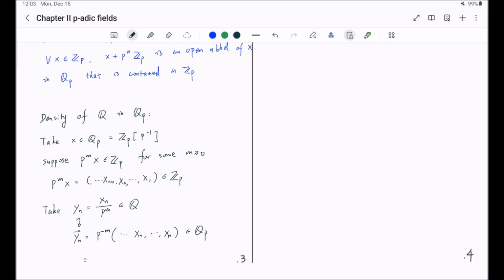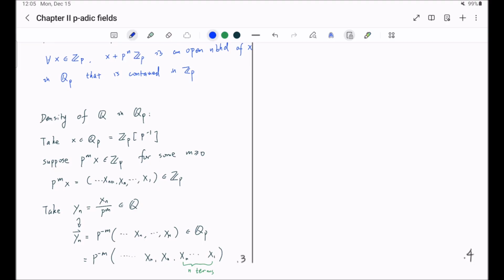Now, by compatibility, we can rewrite this line as follows. For the first n components, they are x_1 through x_n. And starting from the n plus 1's position, all the terms are equal to x_n as before.